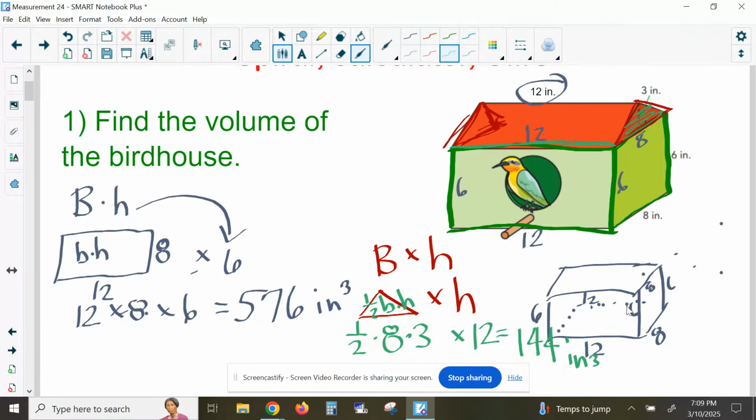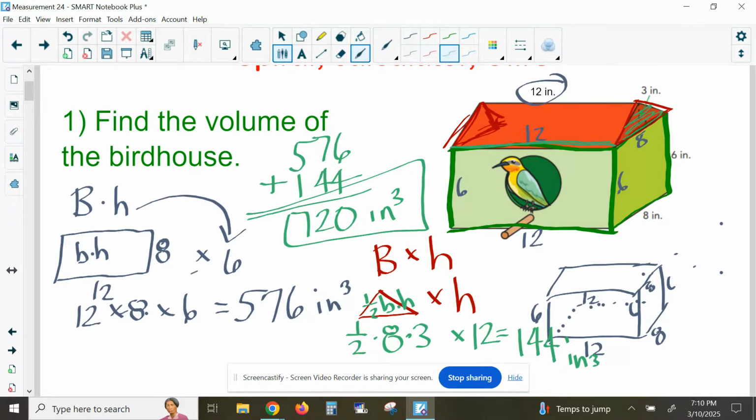So we have our bottom box and our top triangular piece. So we have 576 plus our top piece, 144. Add those up. What do we get here? 720. 720 inches to the third power is going to be the volume of our birdhouse.